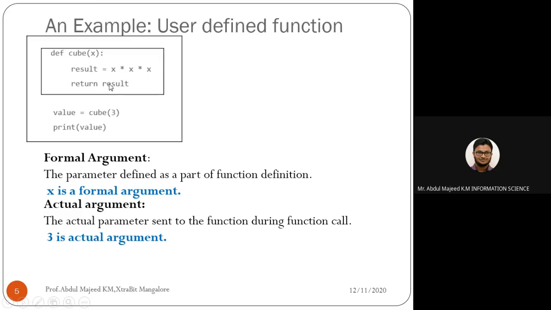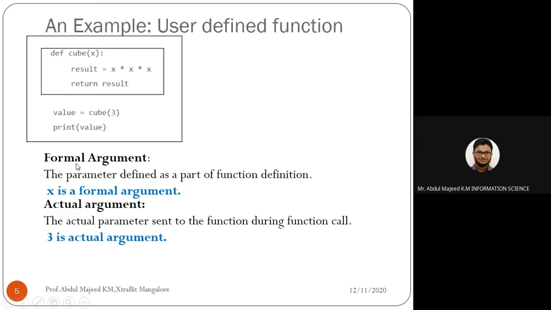So the value 27 will be assigned to the variable called value, and when we print value, it gives 27. Remember, the inner box is the function definition, and the outer block is the normal program. Note down the indentation.